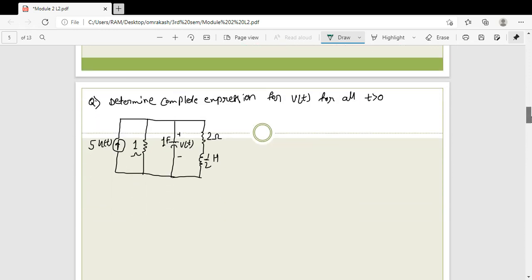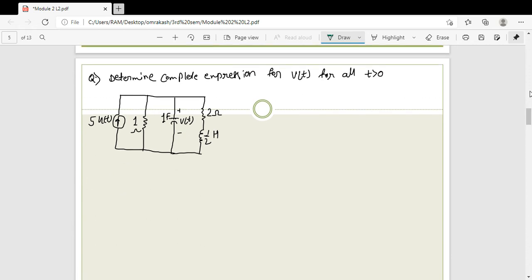Now this third question. Here you need to determine the complete expression for V of t, for all t greater than 0. Here no switch is given to you, but this hint is given: unit step input is applied for this circuit.